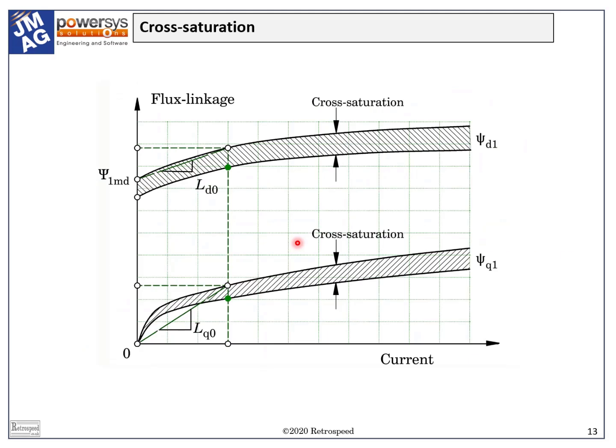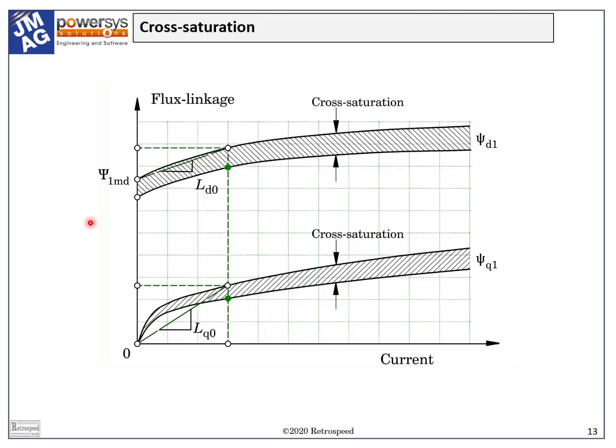Here is a conceptual reproduction of the curves in the previous slide, but modified to show the effect of cross-saturation. That is, the D component of current affects the Q-axis flux linkage and vice versa. This happens in practical motors, but the extent to which it happens depends on the particular motor design.